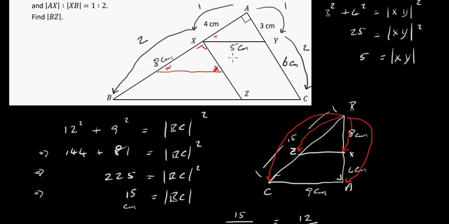Let's call it beta here, or something like that, just something different anyway. So these angles are equal. So this triangle and this triangle here are going to be exactly the same size.